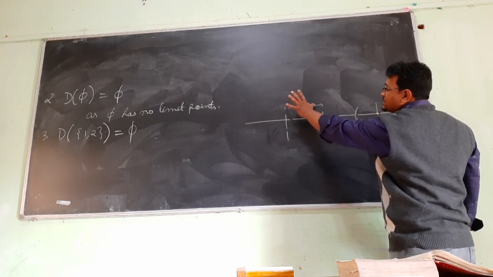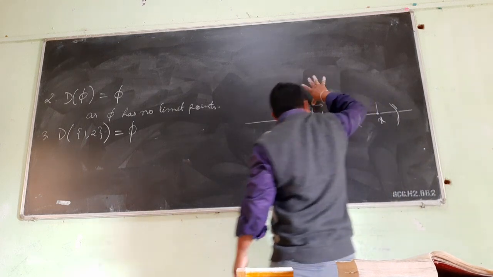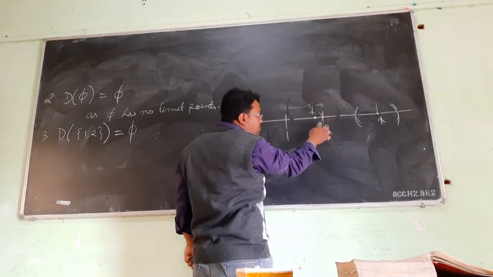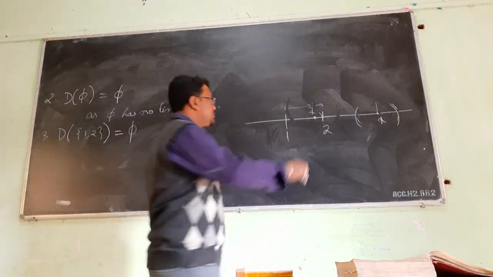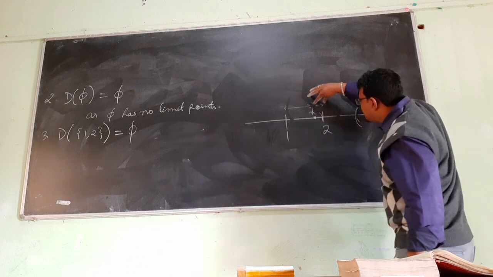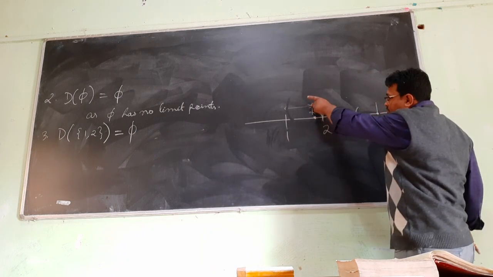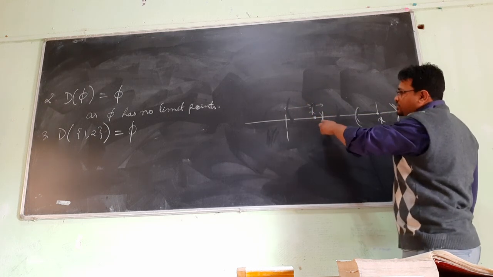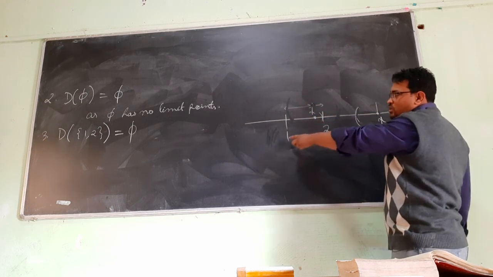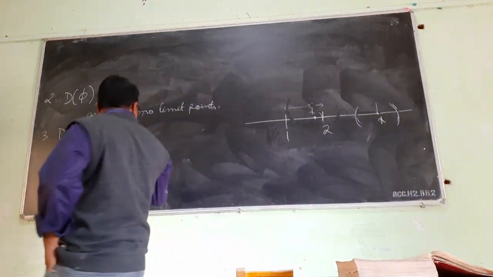If I take this large distance, this open interval will contain the point 2, which is different from x. So this will not work for us. So I have to take the smaller distance. If I take the smaller distance, then the open interval that I construct will not contain 2, and it will not contain 1 also. So that is the idea. That's how we will show.